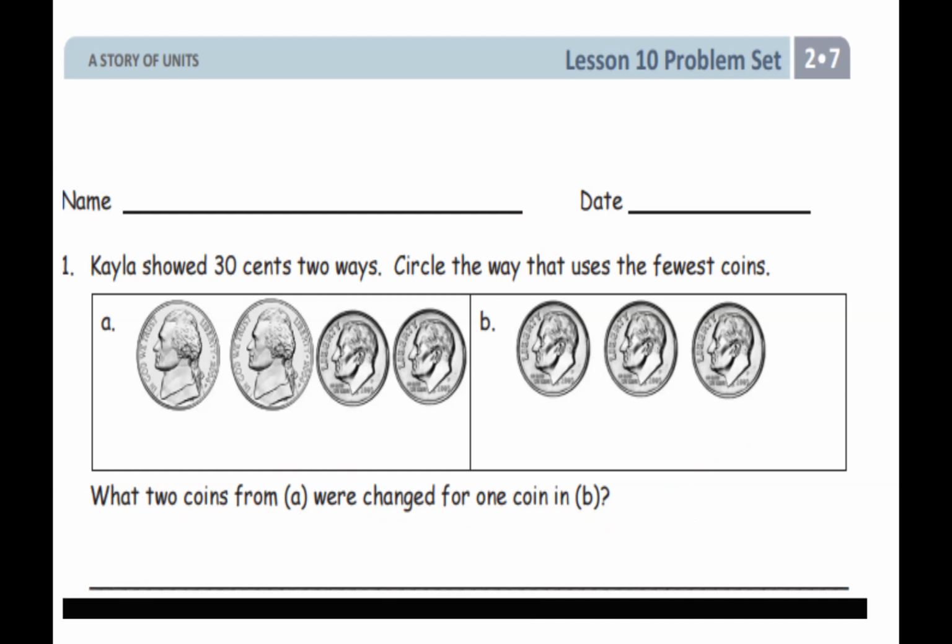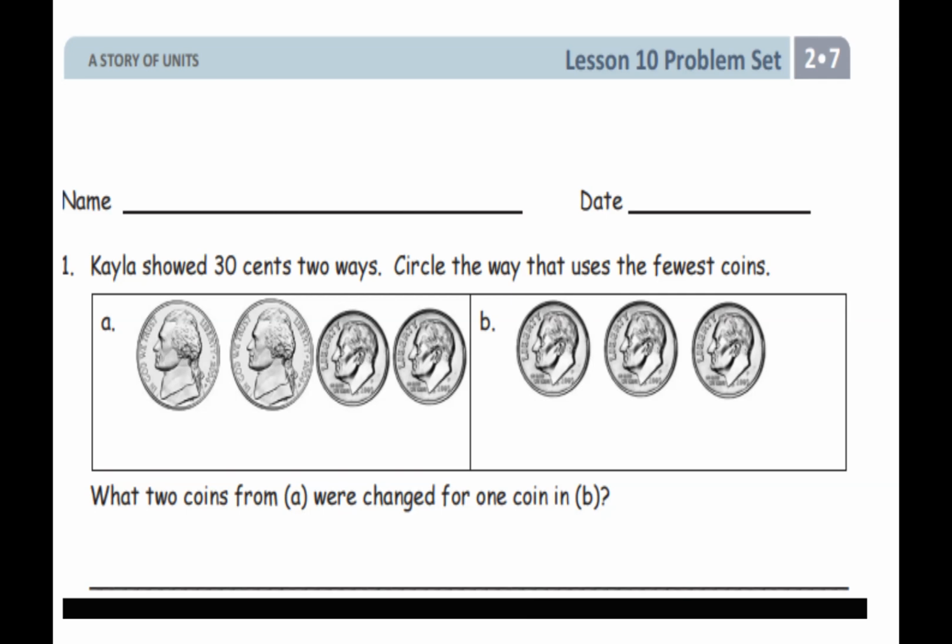So what's different about the coins used in group A and group B? What changed? What did she exchange? Right now, I'm going to move on to the answer. If you haven't gotten what you think the answer is yet, pause your video, press the pause button, and then when you're ready, press play again.